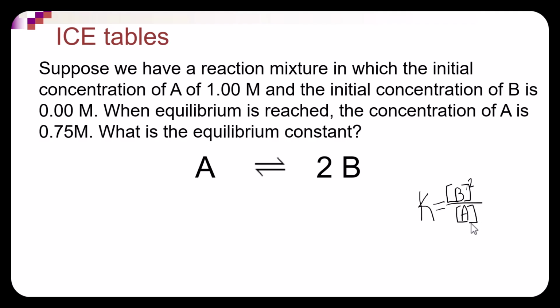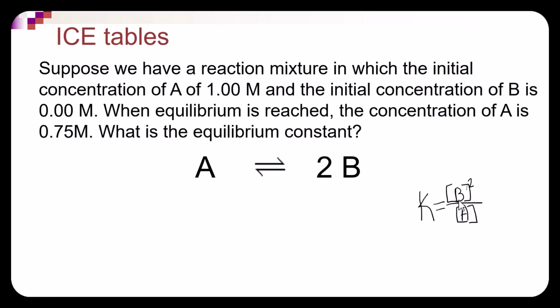Now, this is a big thing to remember. The values that go into this equation are the concentrations at equilibrium, not initial. The values that go in here are concentrations at equilibrium.